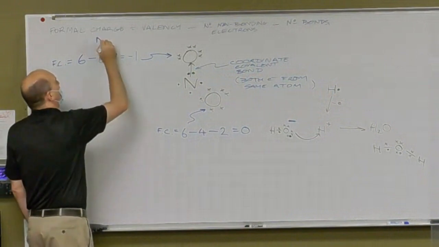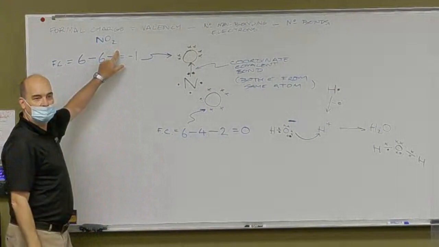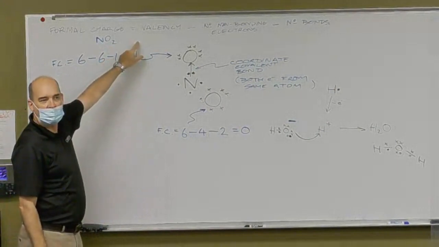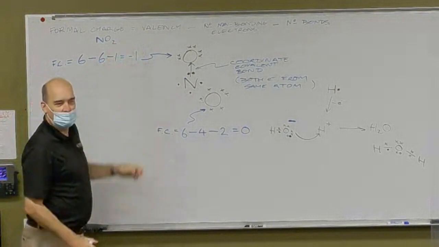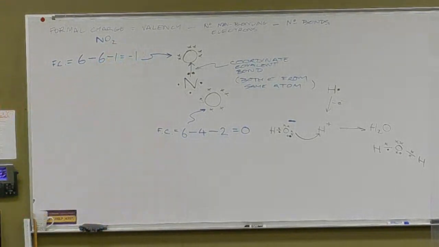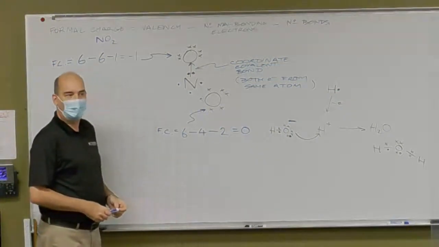This is NO2. It is nitrogen dioxide. It is not NO2 minus, the nitrite ion. It is not NO2 plus, the nitrosonium ion. It's NO2. So, is there another charge in this molecule somewhere?